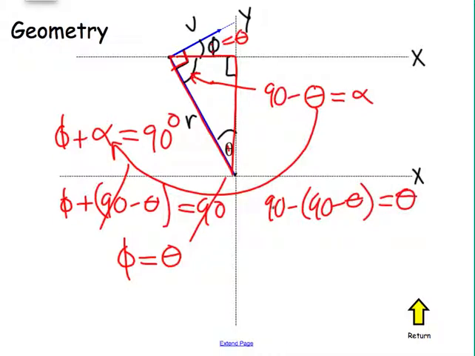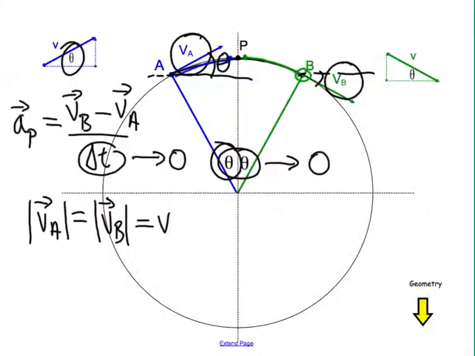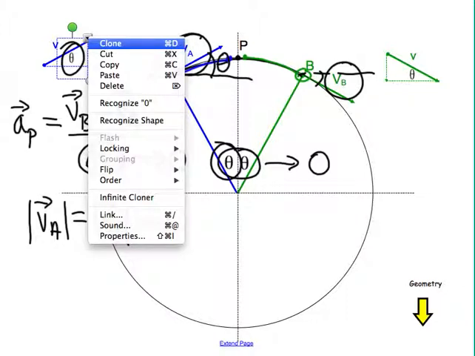Because here I have 90 minus 90, which is 0, and minus theta is theta. So this angle that I'm looking for is the same angle as this one right here, which is what I want. So now that we have the geometry done, this is the geometry we have.